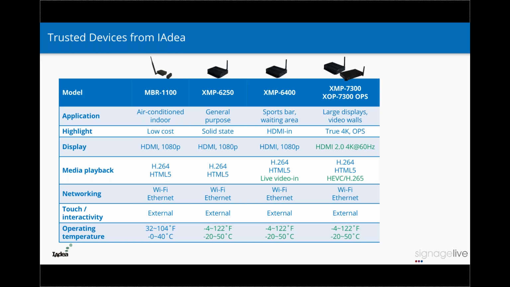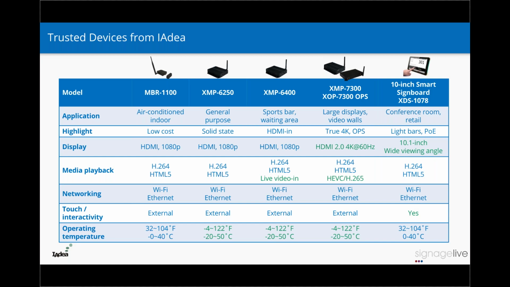They support the HEVC H.265 codec, which is a lot more efficient than the H.264 that's mainstream right now, and also a wider temperature range. It also has a much higher performance web engine, so for HTML5 interactive content, this is the device that we will always recommend.